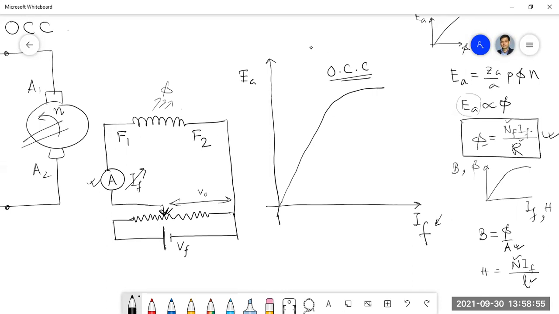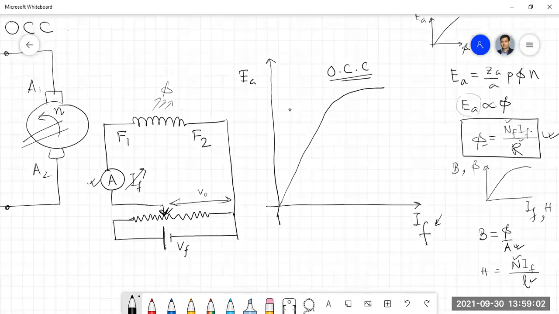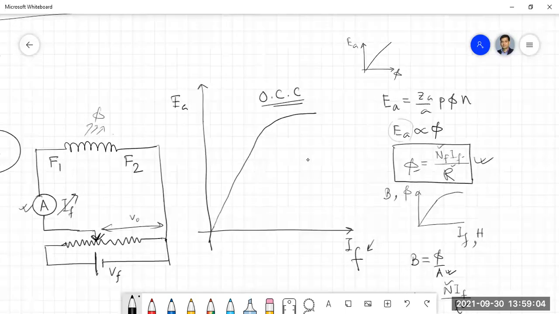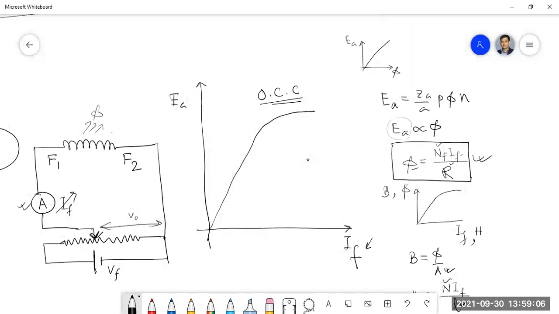Sir, can you please explain why it will be saturated? Why will the EA-IF curve become saturated? Because your flux is getting saturated, the saturation region will be attained. If you increase the field current, your flux will increase linearly, and your voltage will increase linearly initially. Then after some current value, this is called the knee point of the BH curve.